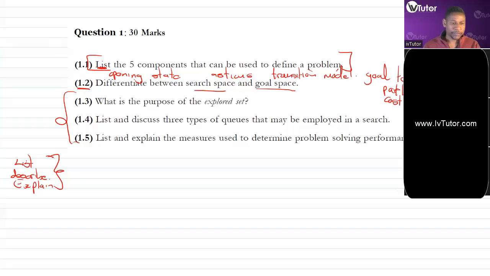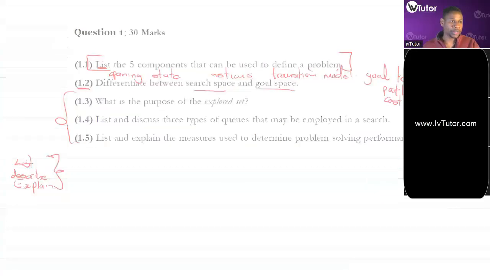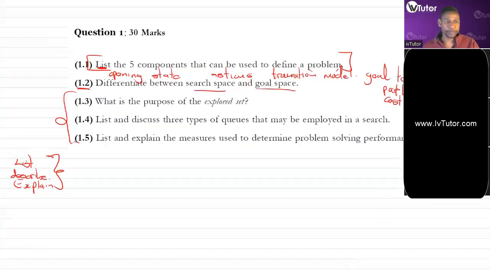Normally they give, looks like we're lucky this year. All right, there we go. Question 4. So let's use question 4 as our example for today.